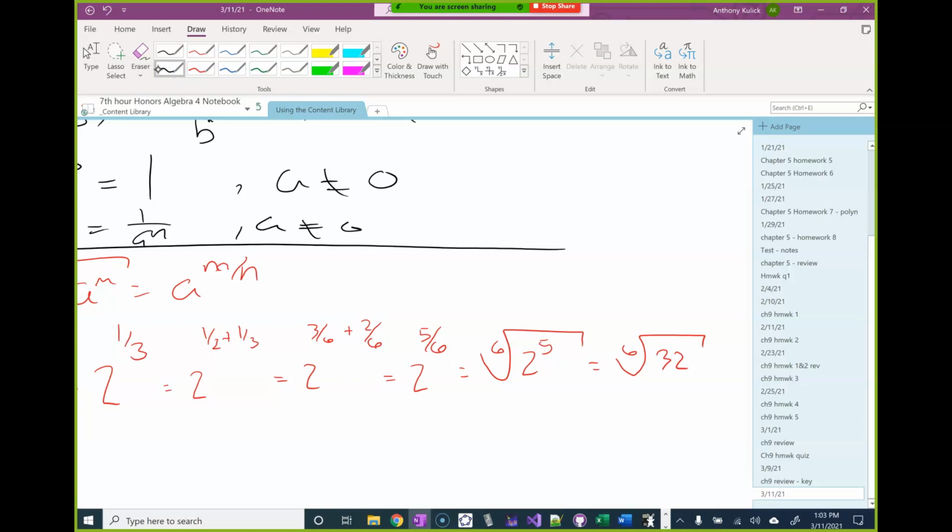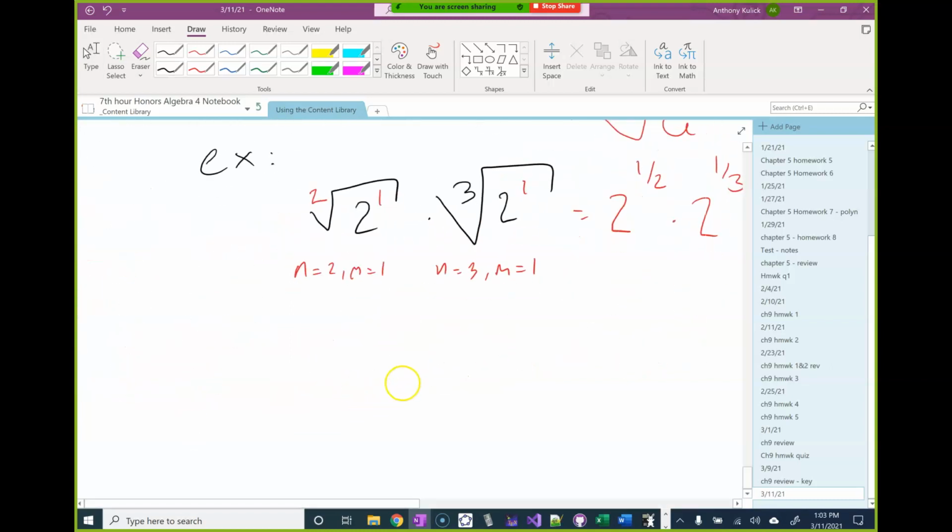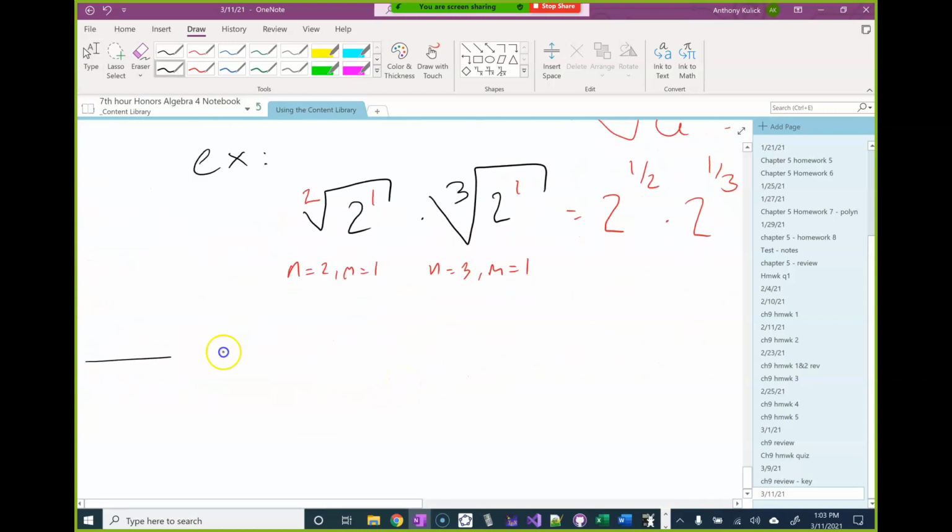Let's do some terrible examples now. Or actually, let's talk about the standard way in which we write our answer. And then we'll do some terrible examples.